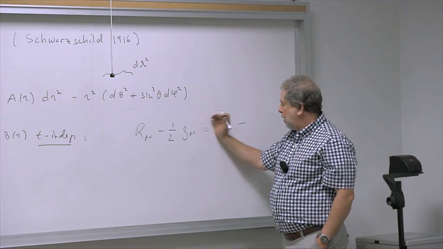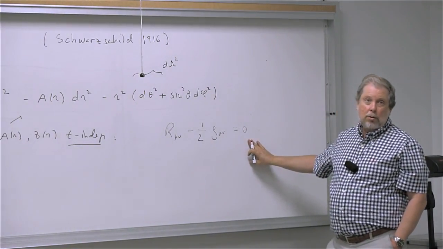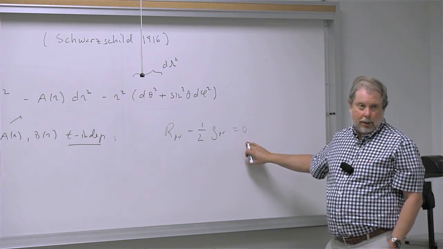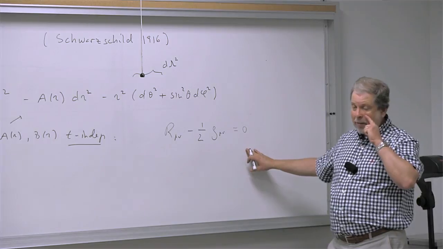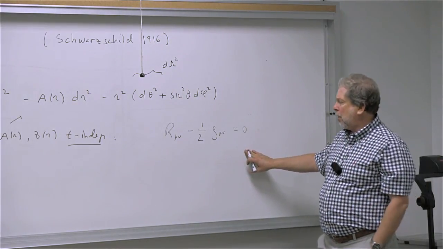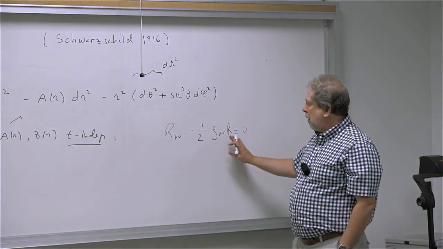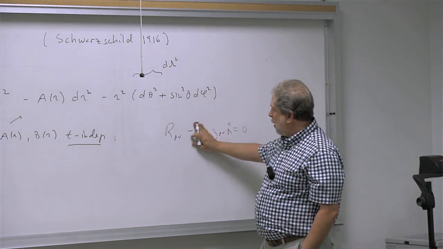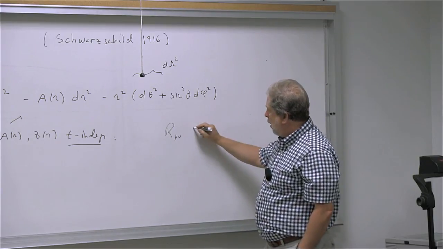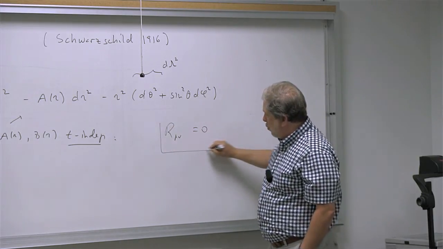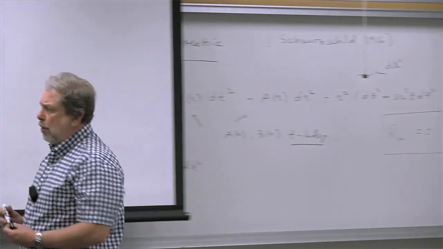So we basically just want to solve this equation equal to 0 everywhere except at the origin. So we're basically dealing with vacuum solutions that then have the appropriate boundary conditions. But then we can relate one to the other. So, as I discussed in a previous lecture, we just have to solve R mu nu equal to 0. Okay, so that's the equation we are going to use.